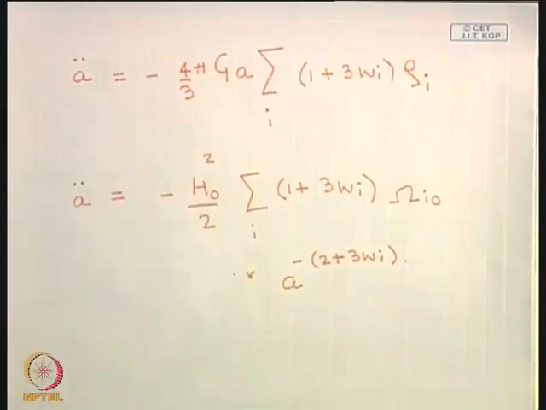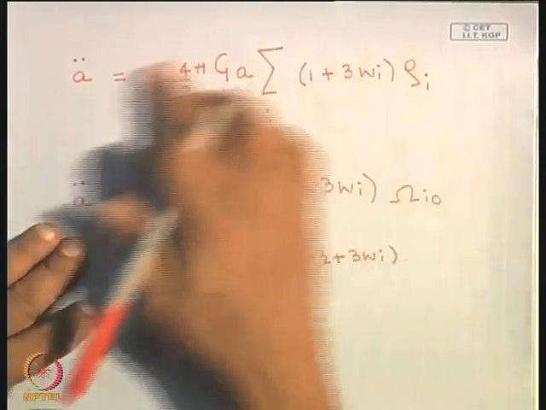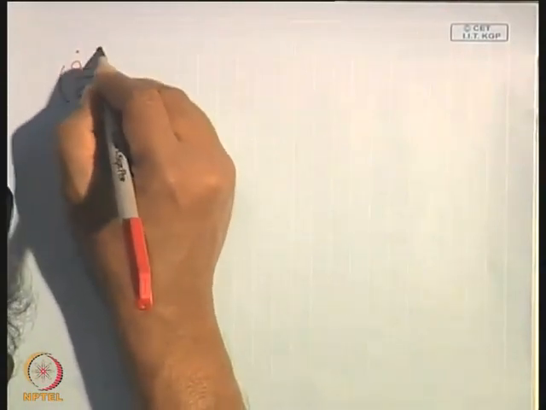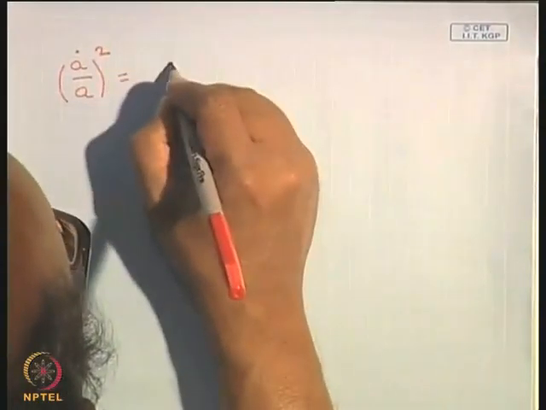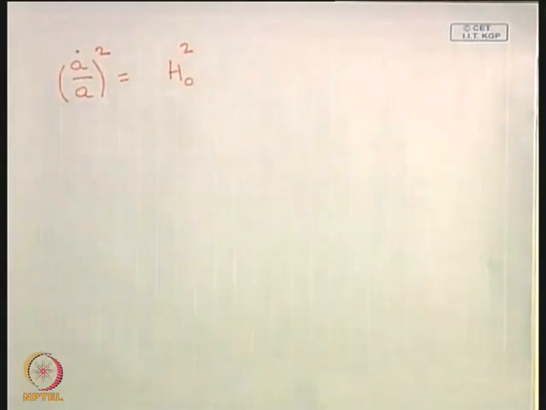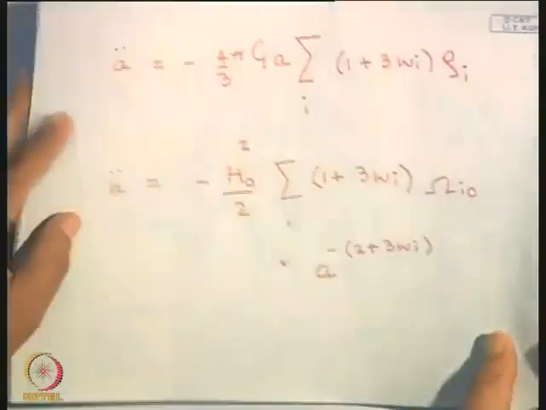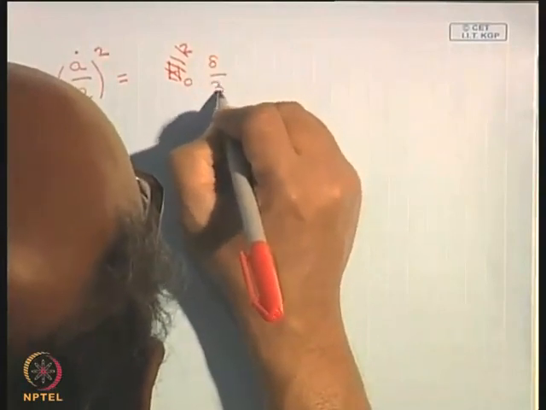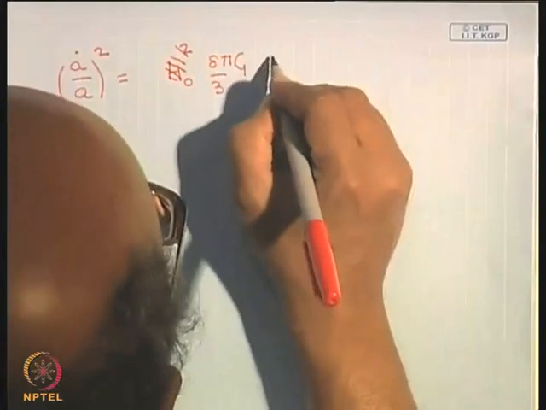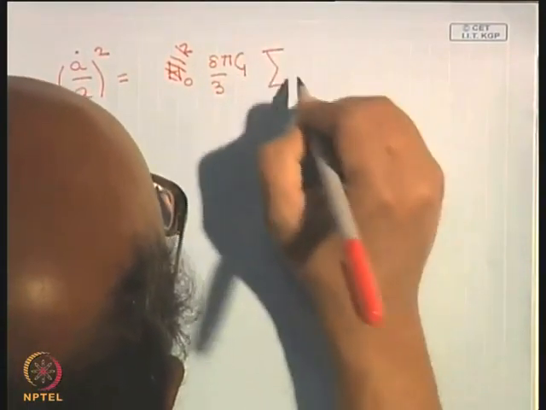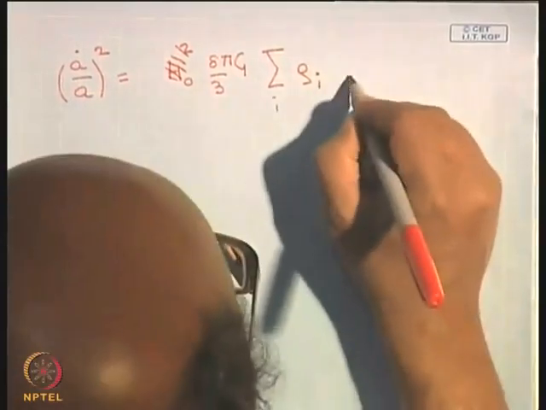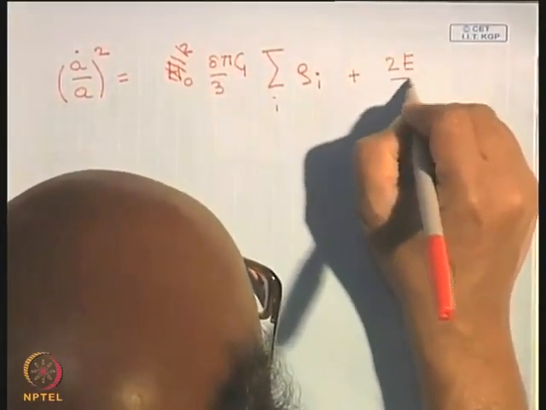Let me again remind you, after we integrated this equation we obtained the following equation: A dot by A square, this is the Hubble parameter square, is equal to 8 by 3 pi G into the sum of the different densities plus a constant of integration which was 2E by A square.